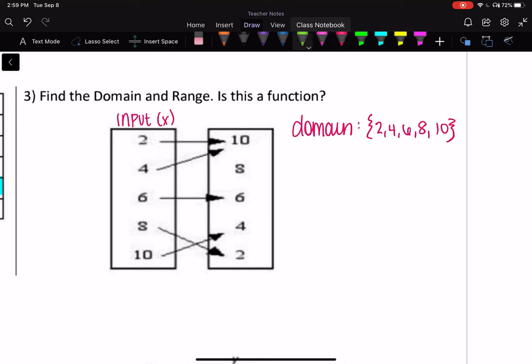My range is going to be my output values, also known as my y values. And we'll want to put these in numerical order from least to greatest, which is also going to be 2, 4, 6, 8, and 10. Remember, we use curly braces when we have a list of values.